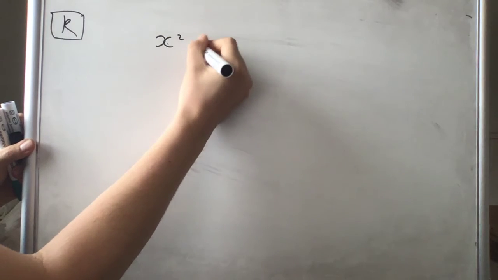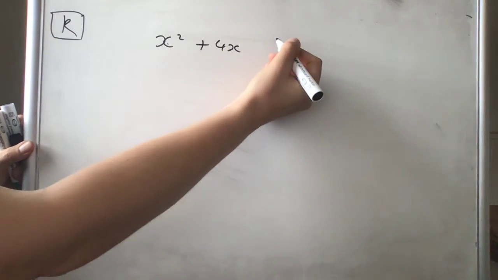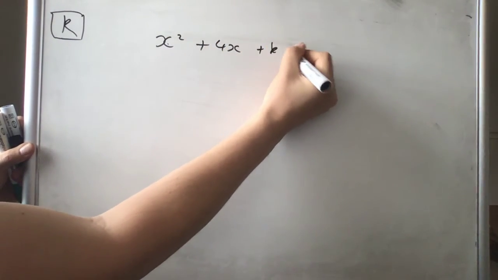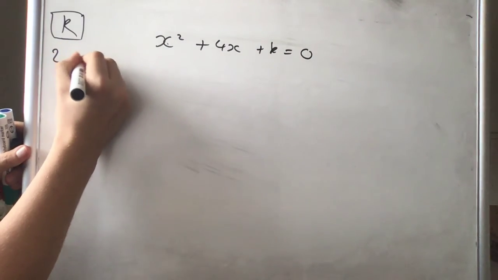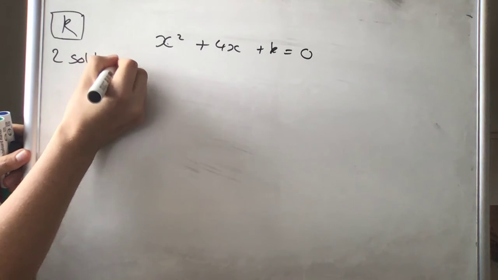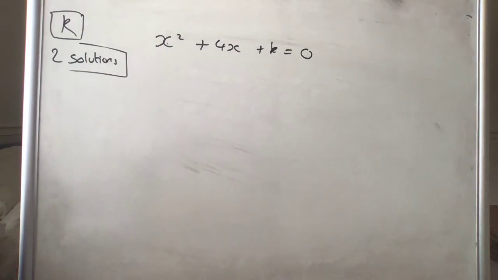Okay, so what if we are told to find the range of values of k, again we want a range of values this time, for which x squared plus 4x plus k equals 0 has two distinct solutions or two distinct roots, okay?